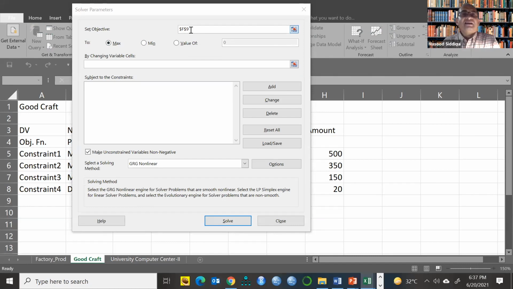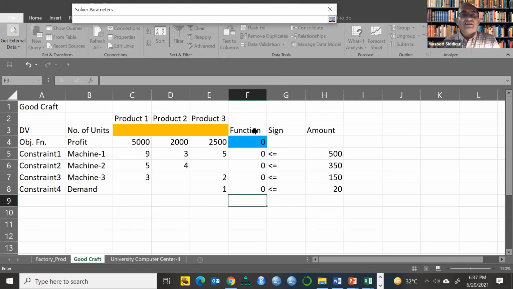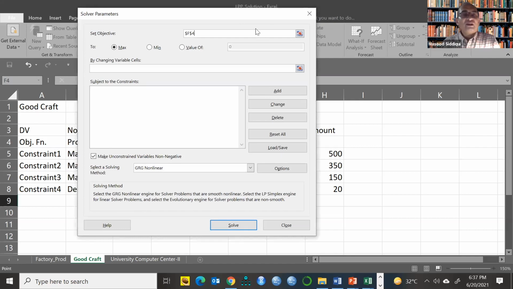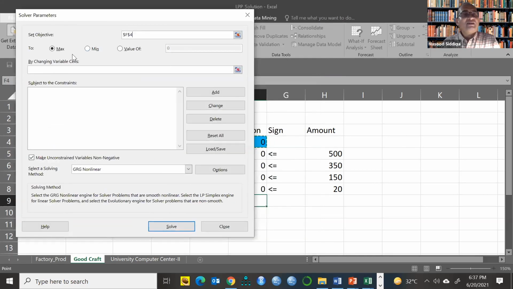And here we can select objective function. So here the blue cell is our objective function. So this is F4. F4 is our objective function, just to make it clear. And then we have the problem as a maximization problem, because we have to maximize the profit.